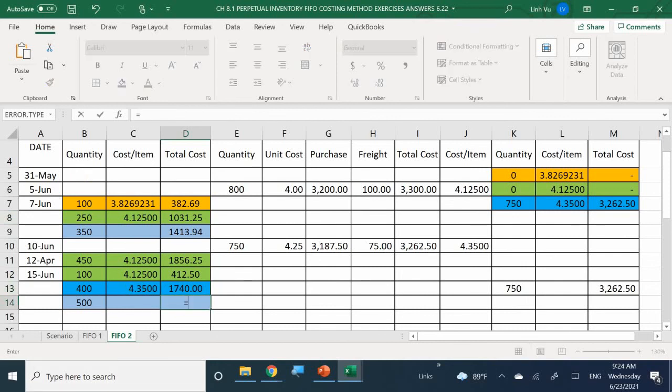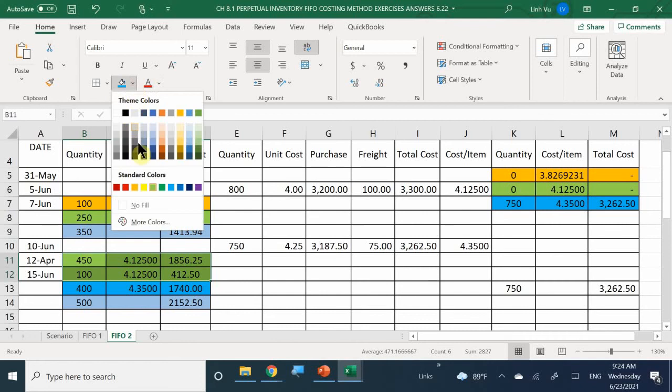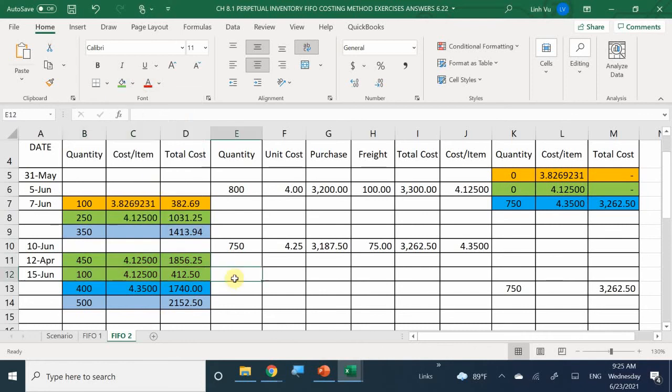All right. So for selling these 500 items, my grand total is $2,152.50. So now I need to update my blue batch, right?